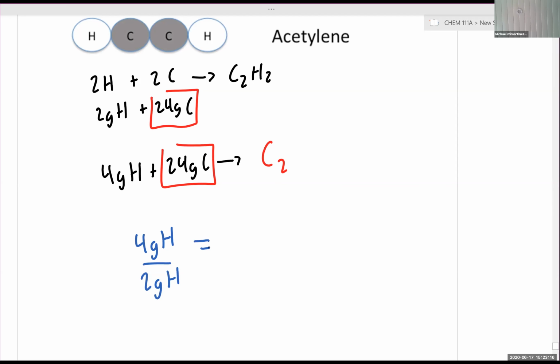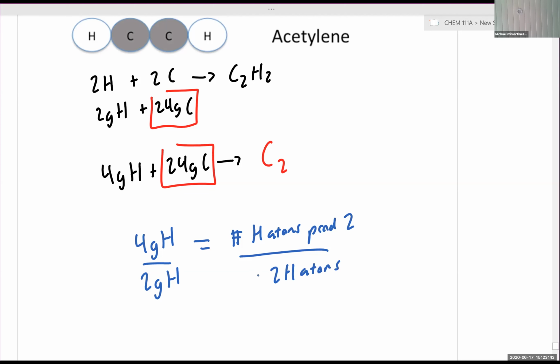This mass ratio, the ratio of masses of each element, is equal to the ratio of atoms. We do not know the number of hydrogen atoms in product 2, but we do know the number of hydrogen atoms in product 1, which is acetylene, which is 2 hydrogen atoms.